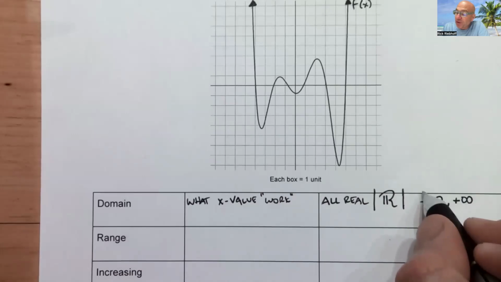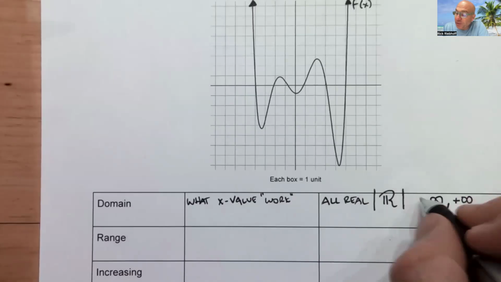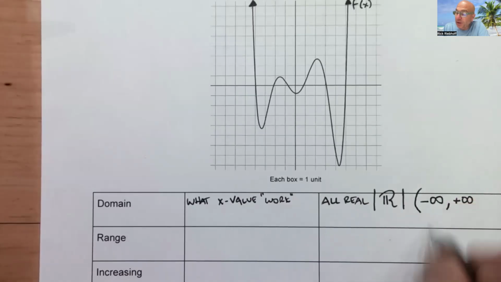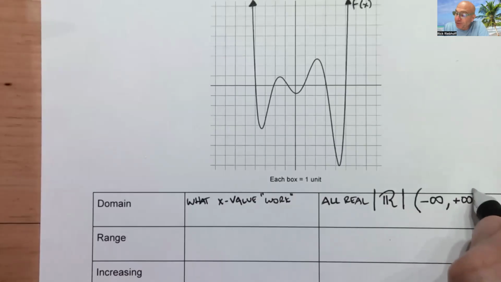Okay. And then what we are going to do is decide, does it ever get there? So does this endpoint count? If the endpoint doesn't count, we put a parenthesis. You can't get to negative infinity. So we're going to put kind of a soft ending here. We'll see a solid endpoint later.